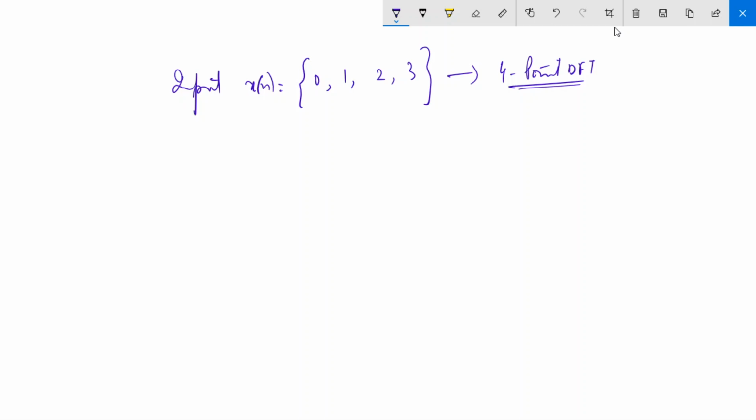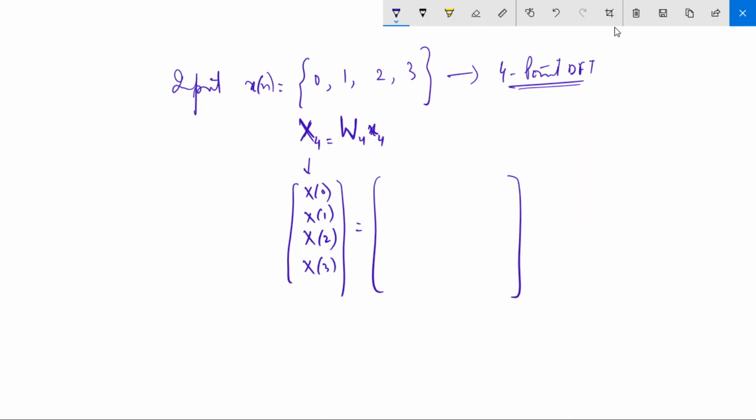So 4-point DFT means I have the matrix X4 equal to W4 into x4, where X4 is a column vector of outputs X0, X1, X2, X3. Now W4 is a transformation matrix of twiddle factors.